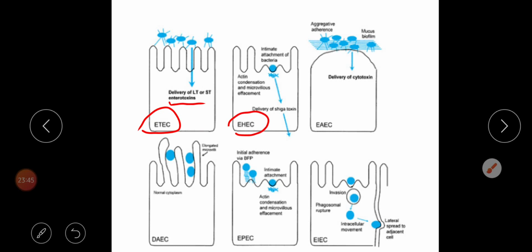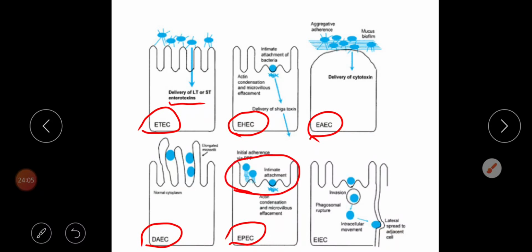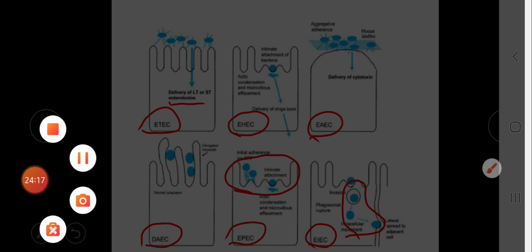Enterohemorrhagic E. coli, enteroaggregative E. coli, and diffusely adherent E. coli, and enteropathogenic E. coli will make the microvilli lose their normal morphology, and enteroinvasive E. coli will invade the intestinal mucosa. This is the end of part 1, and I will continue with other diseases in part 2.